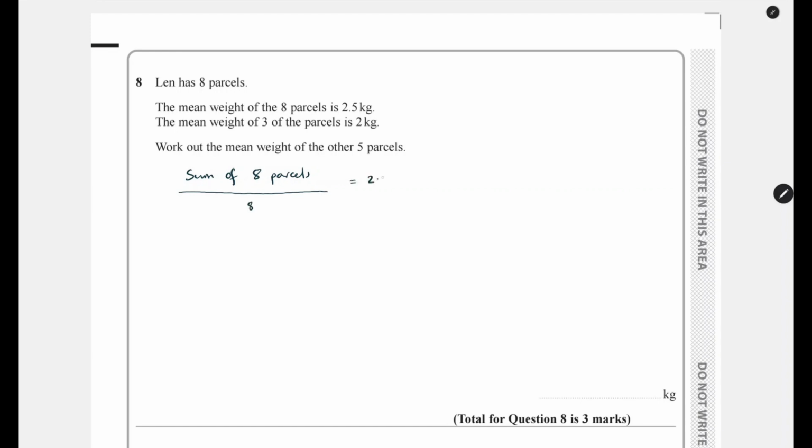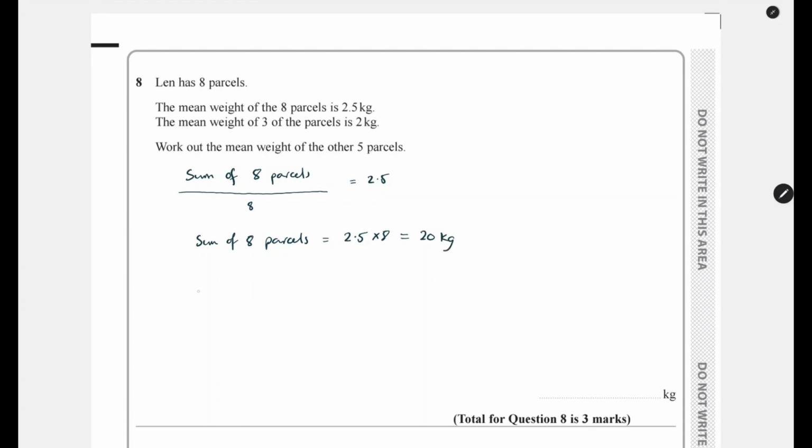And we know that the value is 2.5 kilograms. So if we rearrange the equation to make the unknown the subject, we have sum of 8 parcels is equal to 2.5 kilograms multiplied by 8, and that gives us a weight of 20 kilograms.